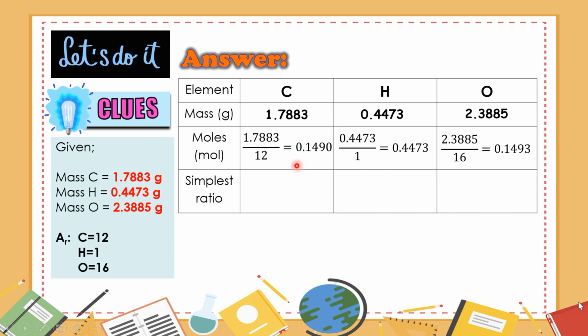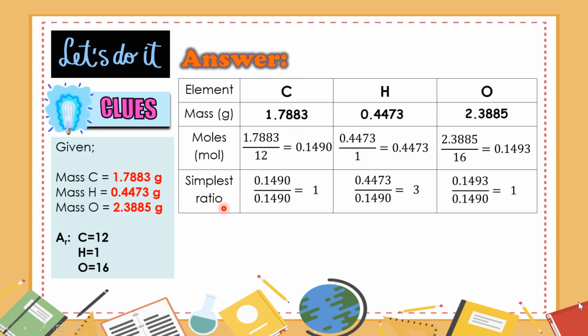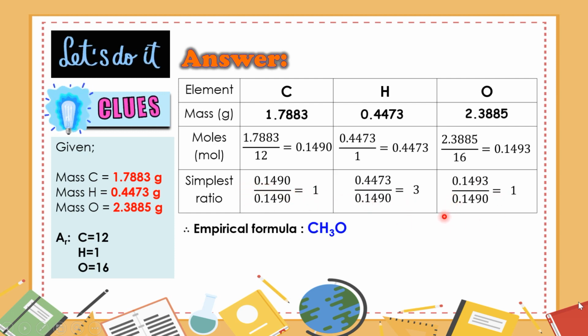From the calculation, we can clearly see that the smallest number of moles is that of carbon. Therefore, for the simplest ratio calculation, the number of moles of each element must be divided by the number of moles of carbon. Therefore, the empirical formula of compound A is CH3O.